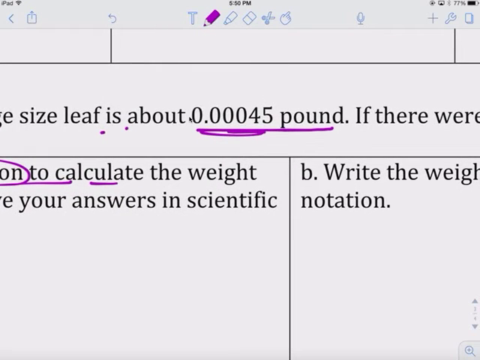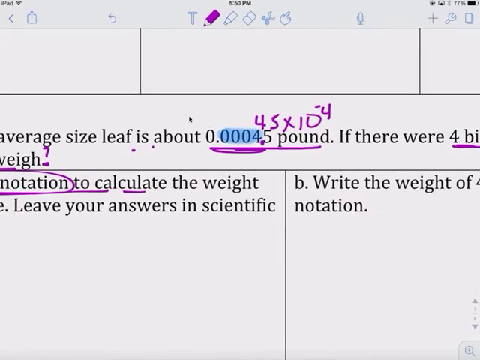So scientific notation, put a decimal here, 4.5 times 10 to the, count the numbers in between, that's 4, oops, wrong spot, negative because it's a small number.